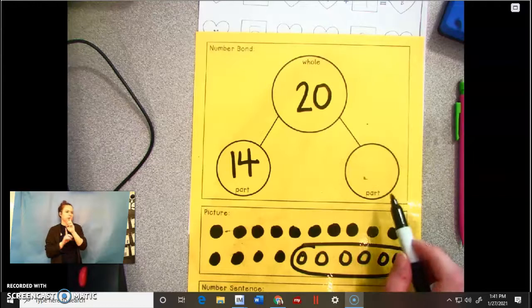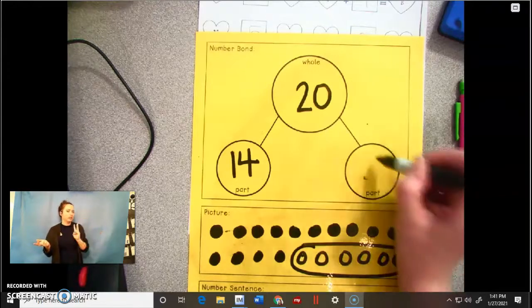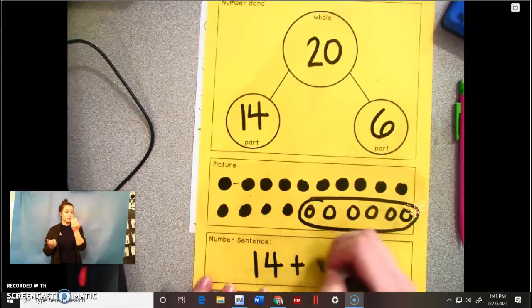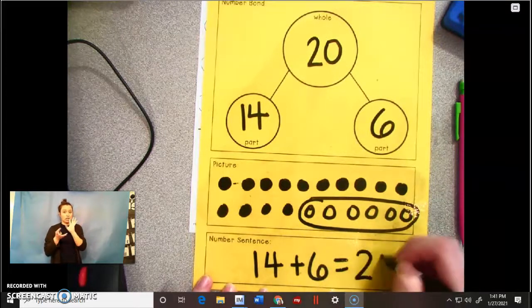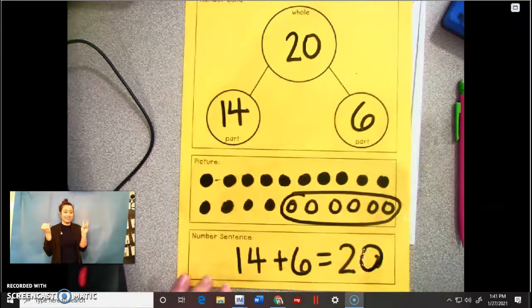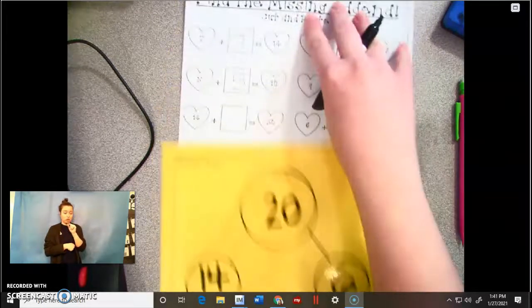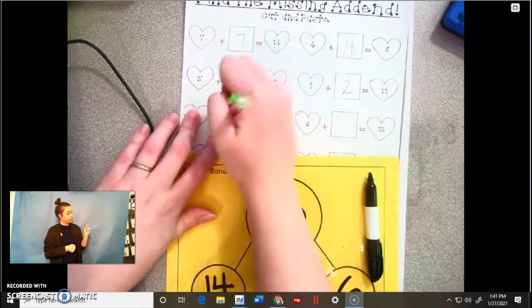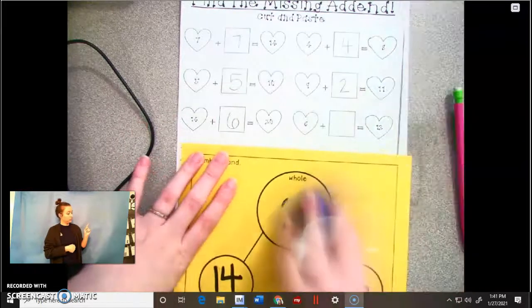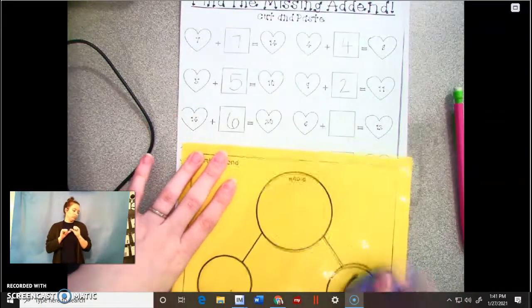So what is my other part? 6. So I know 14 plus 6 equals 20. Because 6 was the part that I didn't color. So on my paper, I'm going to write 6 as the part that's missing. Right? Let's keep going.